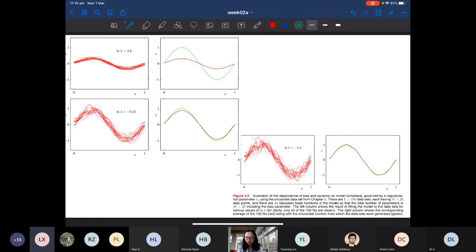In reality, it's hard to come up with multiple data subsets that are randomly sampled. But since this is toy data, they generated 100 data sets, each having 25 data points. There are 24 Gaussian basis functions, so the model complexity, or how expressive the models are, is the same.